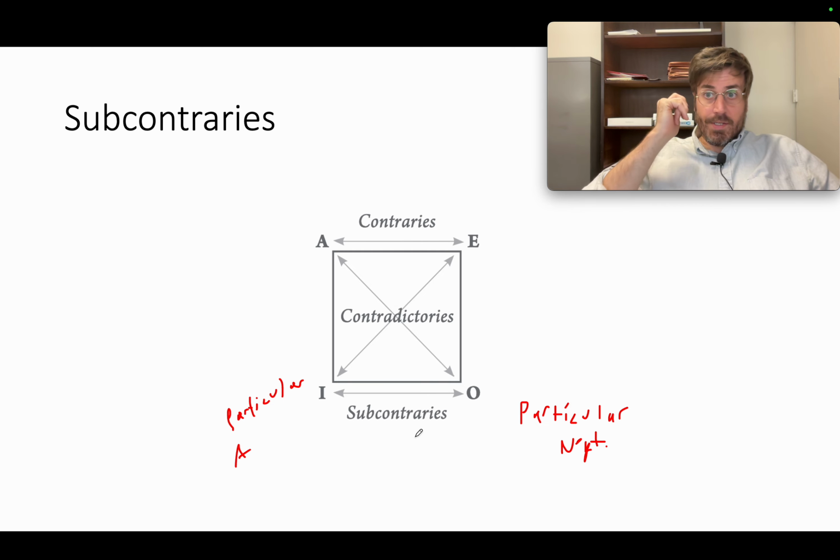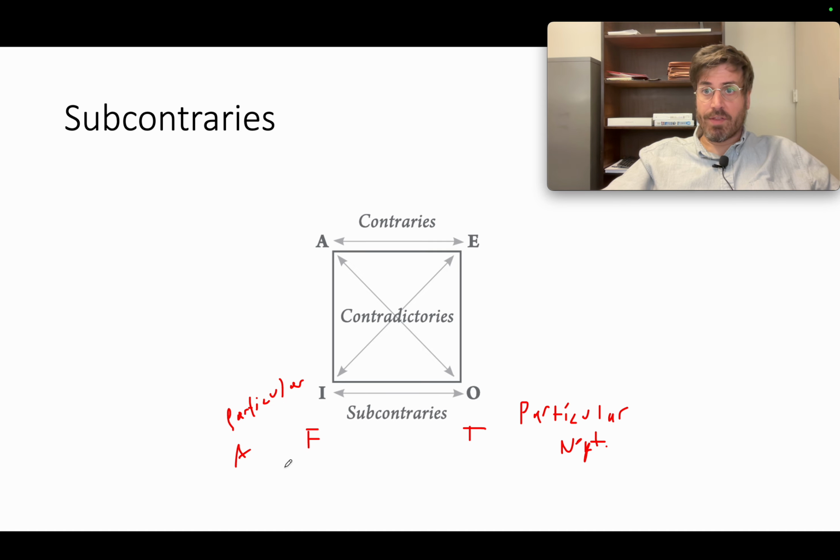Now, subcontraries, in terms of the immediate inferences we can make, are kind of the reverse of contraries. If we begin with a false I proposition, we can make the inference that the corresponding subcontrary, the O proposition, that particular negative, has to be true. That is an inference we can make.